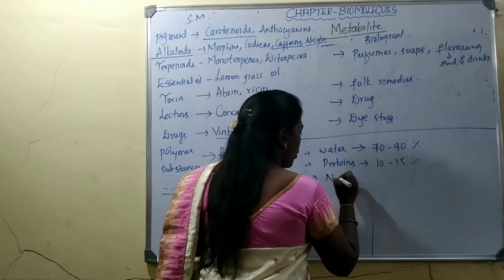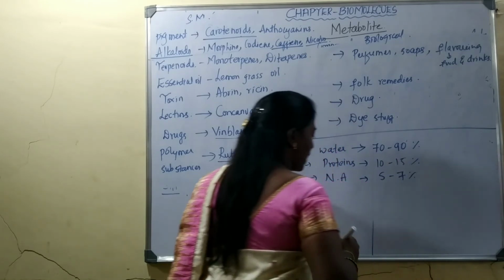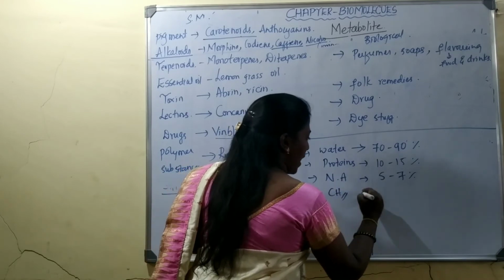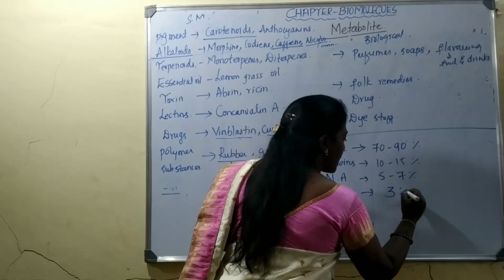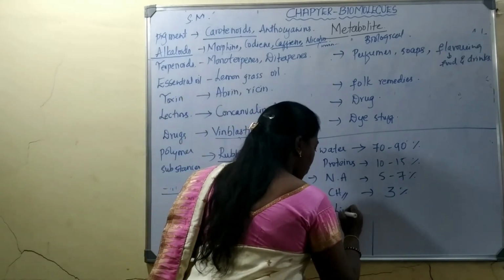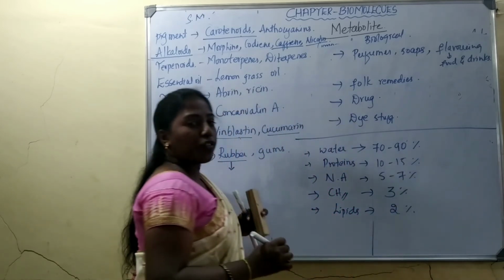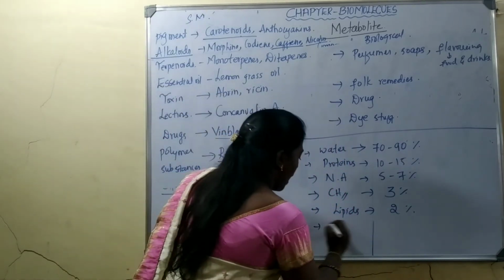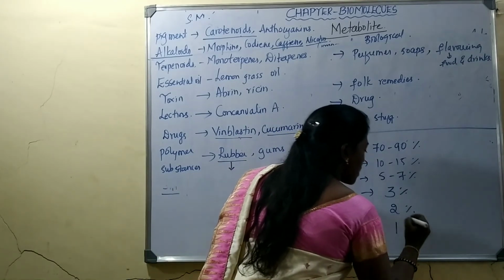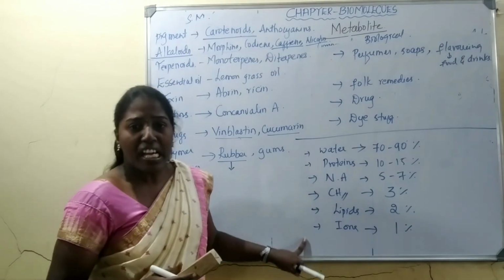Next is nucleic acid. They form around 5 to 7% of the cell. The next is carbohydrates. They form around 3% of the cell. The next is lipids. Lipids form around 2% of the cell. Then ions. Ions form around 1% of the cell. So this is the composition of the cell.